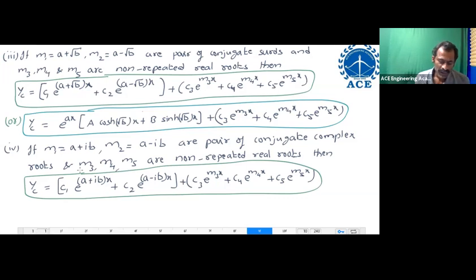So like the previous case, hyperbolic functions for a pair of conjugate surds. Here, for a pair of complex roots, we can write in terms of trigonometric functions. I'll show you how to write this. You go to the 11th page.